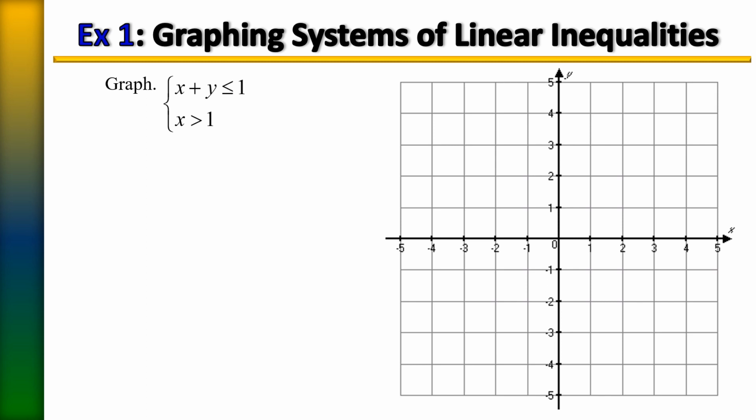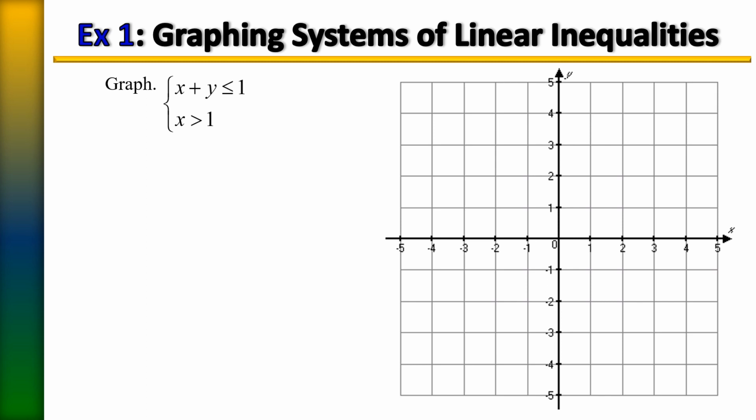So we know that when we sketch this line, because you see that or equal to component there, that means we're going to sketch it with a solid line. So let's go ahead and first get our line. We can simply get that by just using our x and y intercepts.